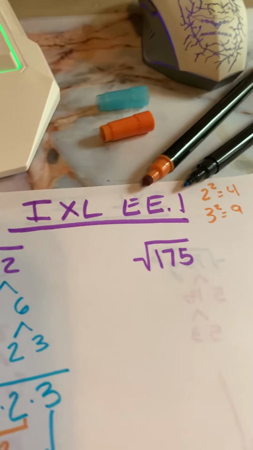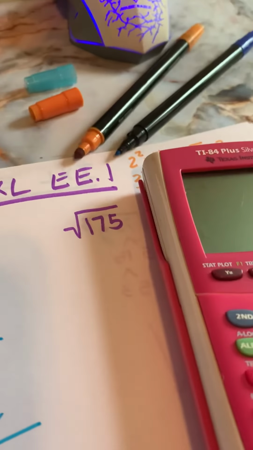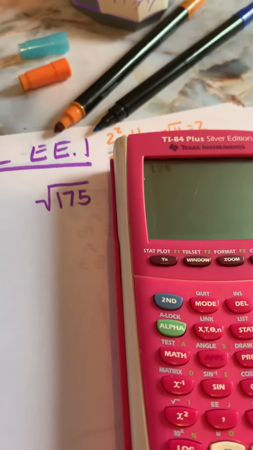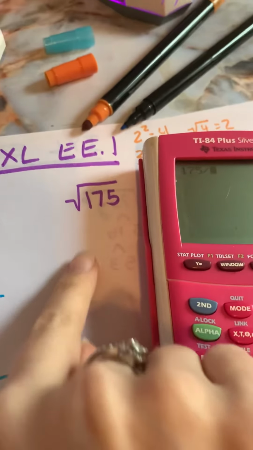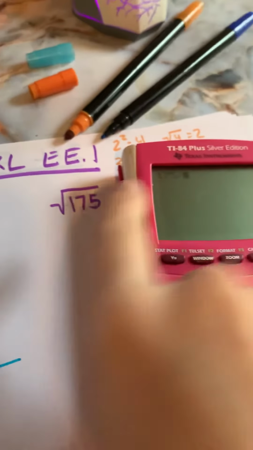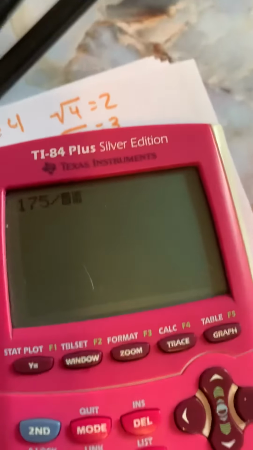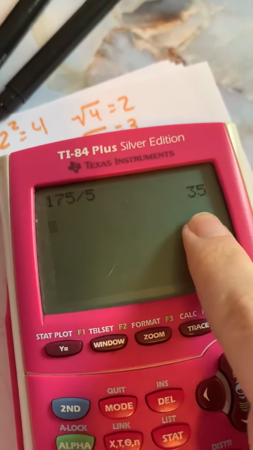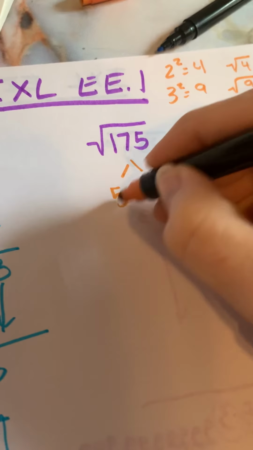Look at your clues, get your calculator, and we're going to use some division. 175 is the number we're looking at. I know there has to be a 5 in there somewhere, so I'm going to divide it by 5, and I got 35. That means 5 times 35 equals 175. On my list, I'm going to break this into 5 times 35.